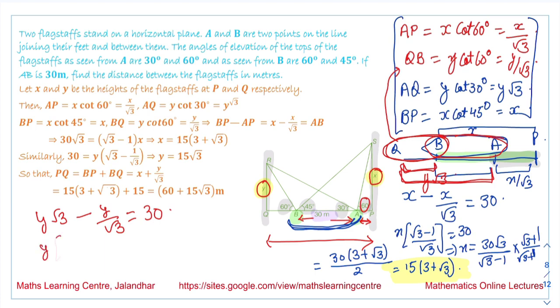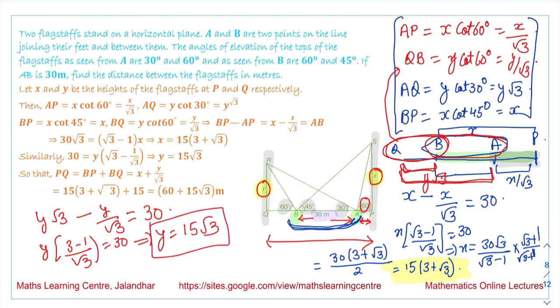Taking y common, we get y times 3 minus 1 by square root 3 is equal to 30. So this implies that the value of y is 15 root 3. The value of x is 15 into 3 plus square root 3. These are the values we have.